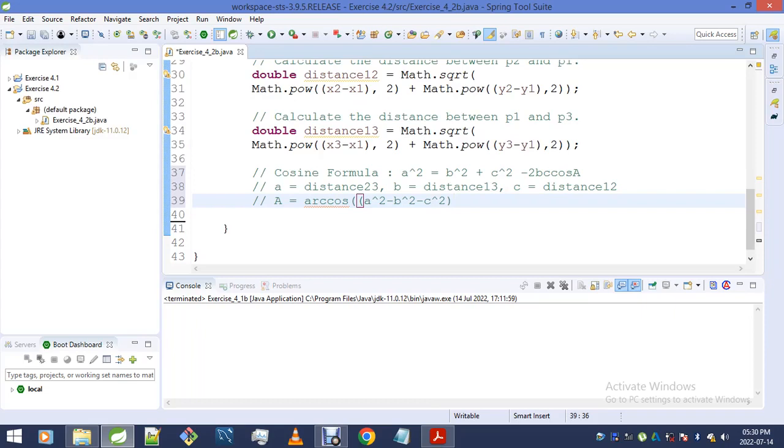I'm gonna divide the whole thing by 2bc, right? So I'll divide by 2, multiply by b, multiply by c.